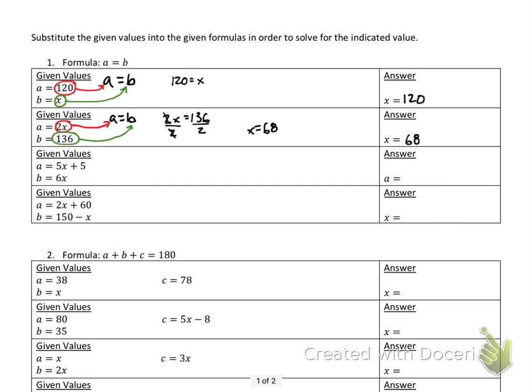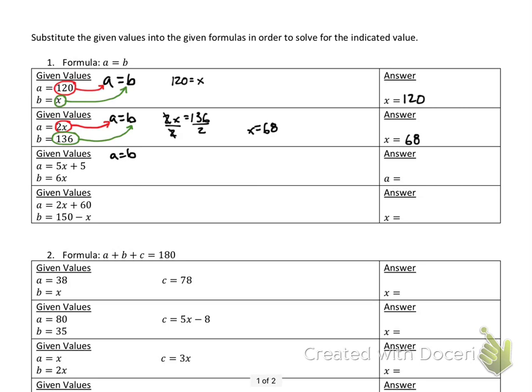And when I come around, when I'm looking at your paper, I'm just going to be looking at that box on the side. So x equals 68. We're going to go through the next one as well, and you'll see why. The next one, I'm still using A equals B. I'm not going to use the same formula each time, but I am going to use it for all 4 of these.